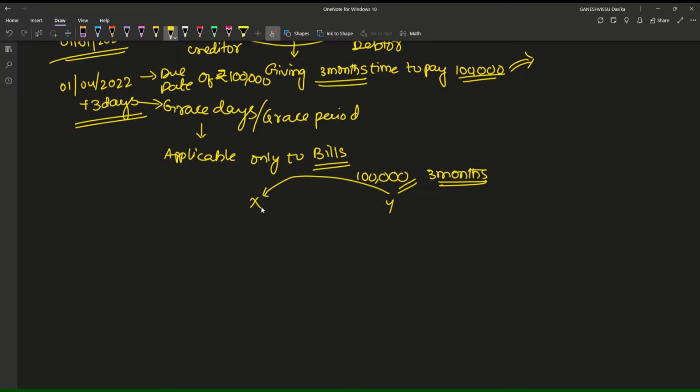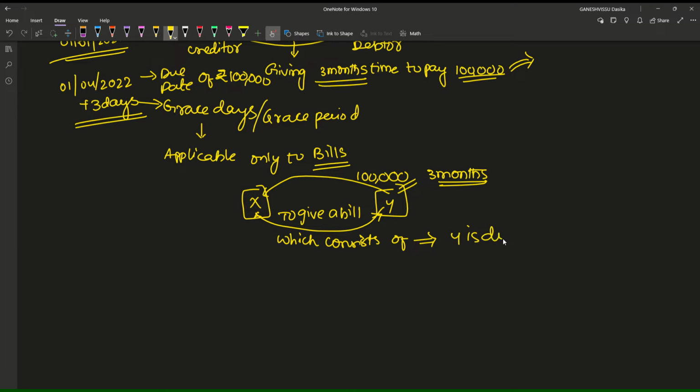Then X asks Y to give a bill which states that Y is due to X by rupees 1 lakh, that 3 months time is given, and that Y would be signing the form.